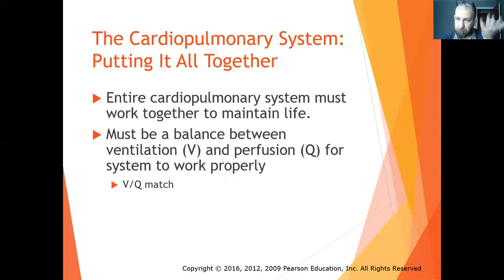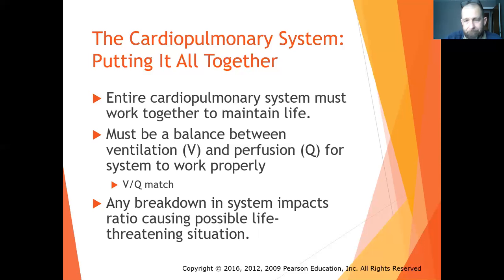Ventilation has got to be right, and the perfusion has got to be right. We've got to bring in enough air and get enough waste products off board, and we still have to have the ability to circulate that oxygen and circulate the carbon dioxide back to the lungs to get it out of the body. If there's a problem with either one of those things, we have what's called a VQ mismatch. If we have these problems for long enough, obviously it can cause a life-threatening condition.